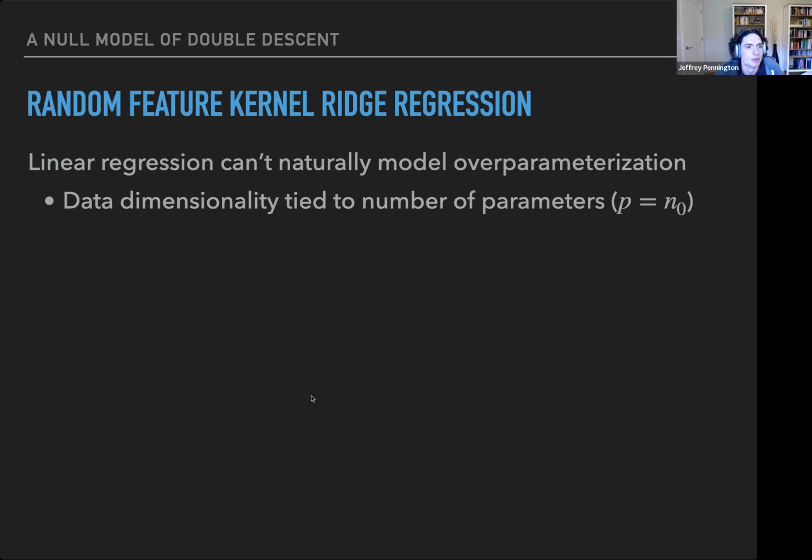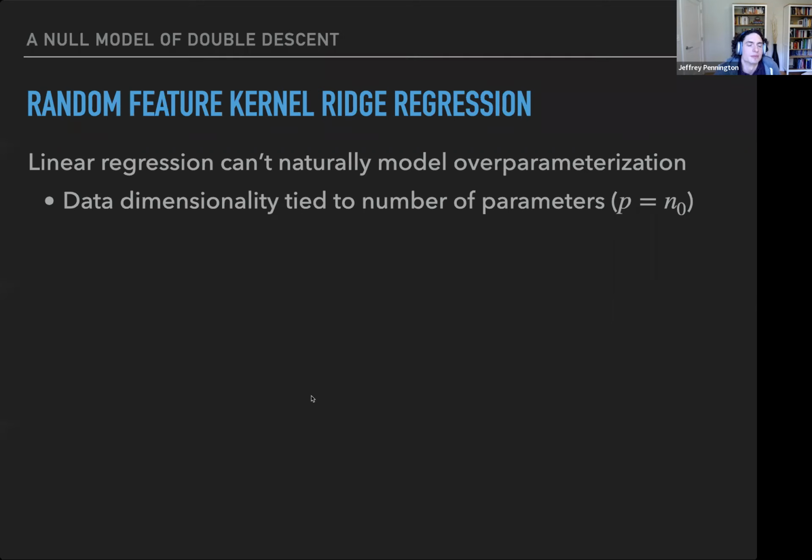And that probably comes as no surprise, but because of this structural constraint that the number of parameters must be equal to the dimensionality of each sample, there's no real way to naturally manipulate a linear regression model in a manner that would induce this kind of over-parameterization that would allow us to look at these double descent type curves.